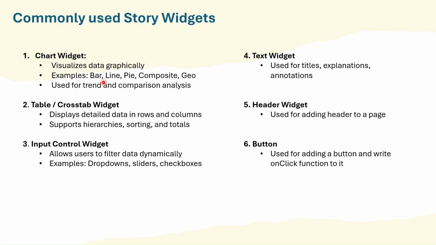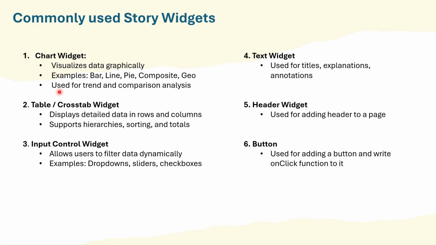For example, you can create a bar chart, line chart, pie chart, or you can also create a composite, and then you can use it in multiple places. Then you can create a geo map as well. So all these come under chart widgets, and they are used for trend and comparison analysis, and it is quite more than that.